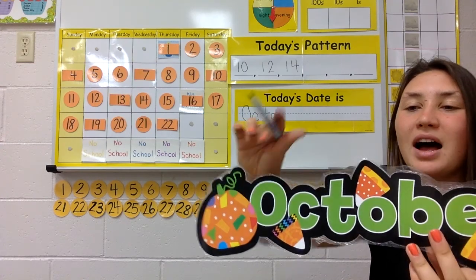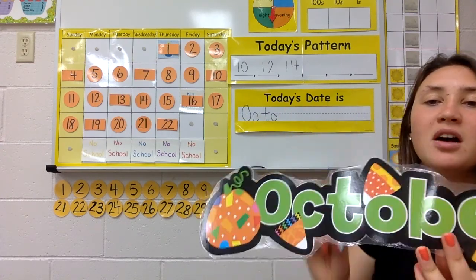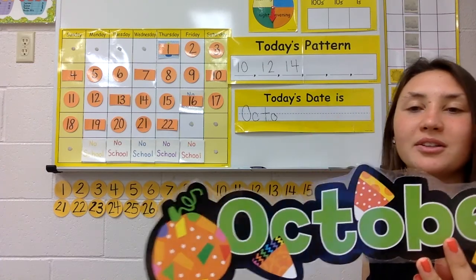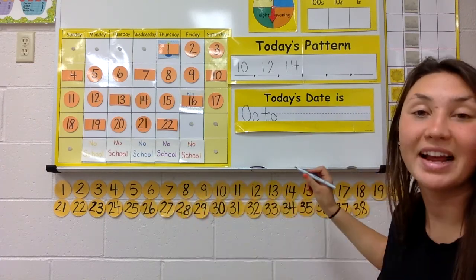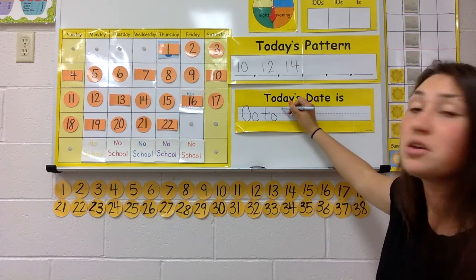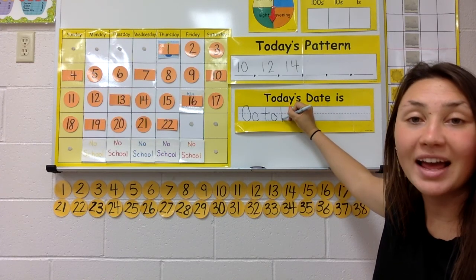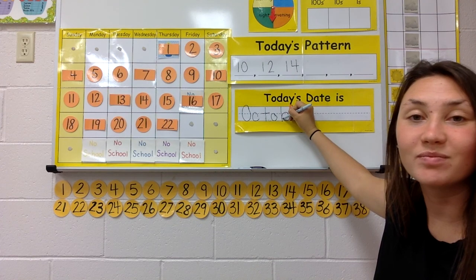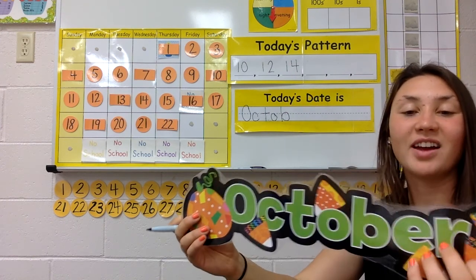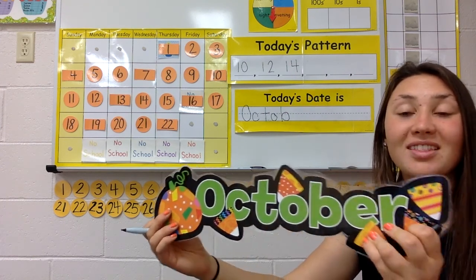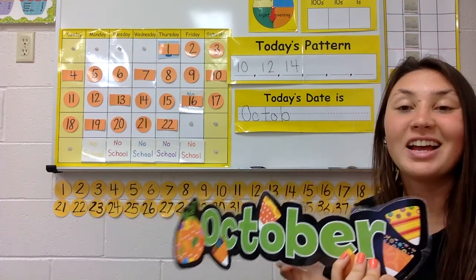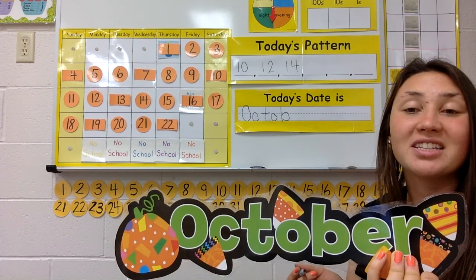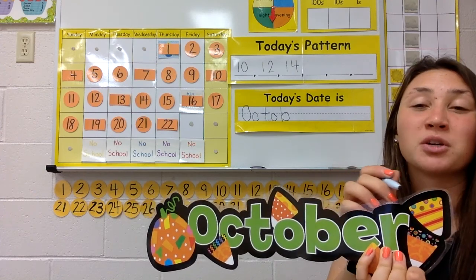What about this one? October. What makes the b sound? Yeah, a B does. And to make a B, you go from top to bottom and give it a belly to the right. All right. What about these last two letters? What are these last two letters? It's the two letters that go together to make... What are those?